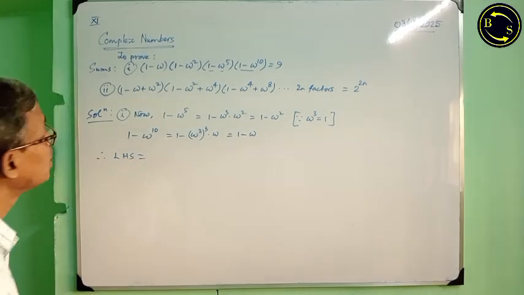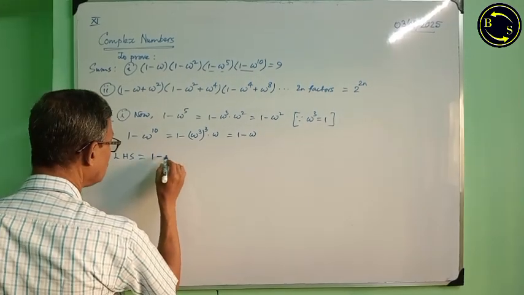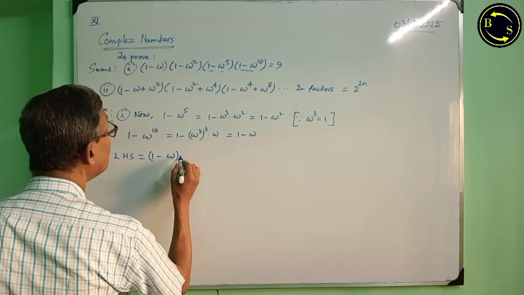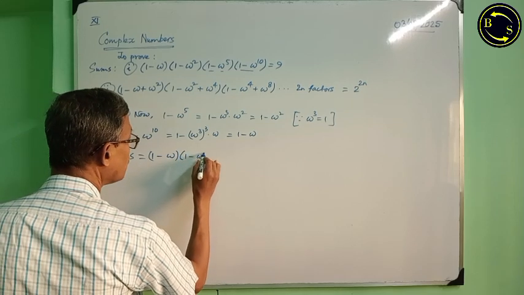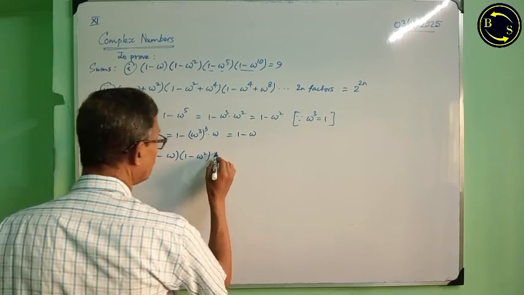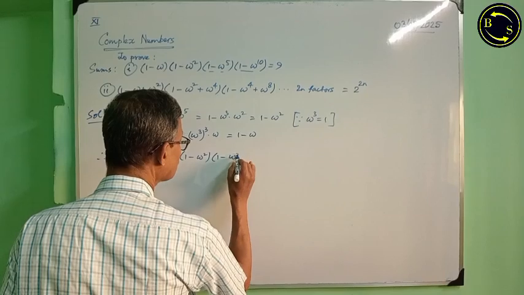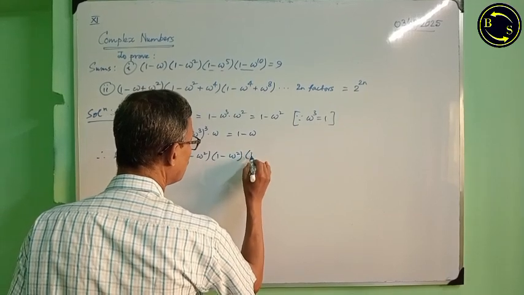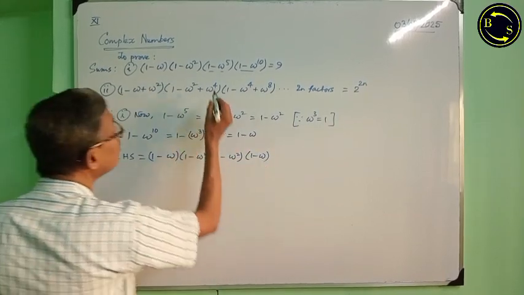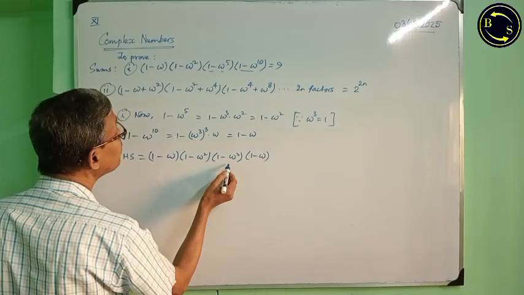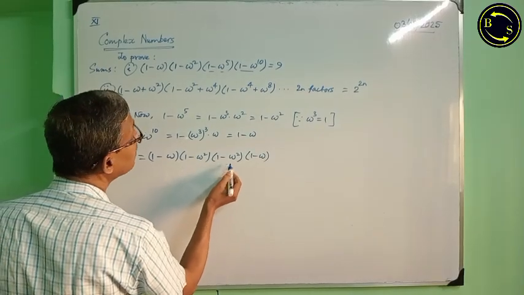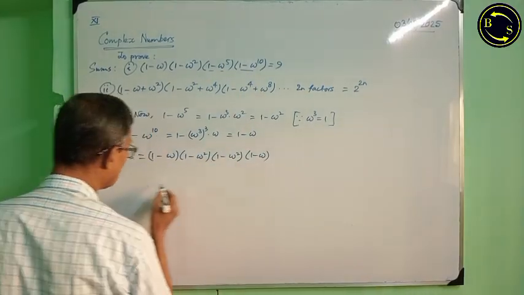Left hand side: 1 minus omega, 1 minus omega square, 1 minus omega square into 1 minus omega. For this one, 1 minus omega square, and for this one, 1 minus omega.